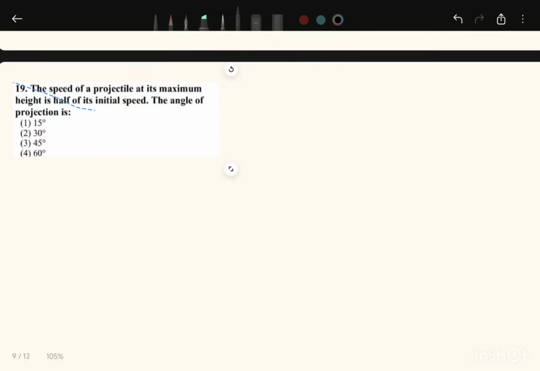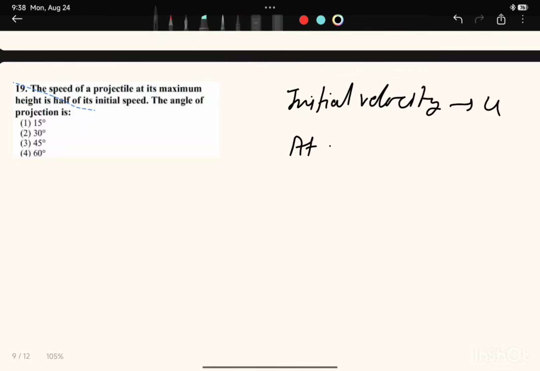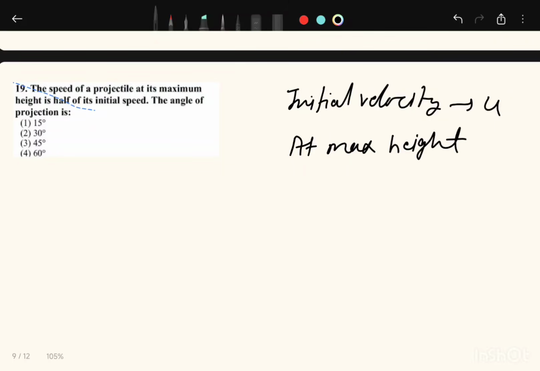So let me suppose initial velocity is u, right? And we know at maximum height, the speed is becoming half, right? But first of all, we have to find what is the velocity at maximum height point.